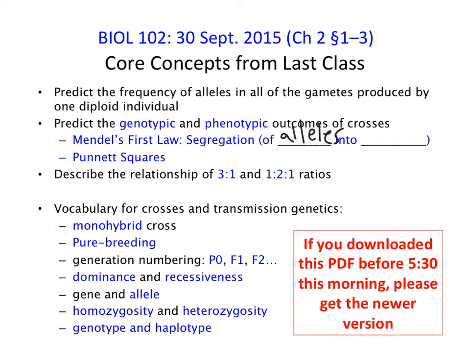They're being divided into what happens at the output of meiosis. You produce the gametes. So Mendel's first law is about the segregation of alleles into gametes. So how chromosomes get divided up into the output of meiosis.